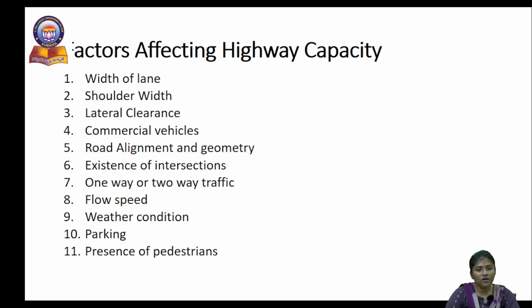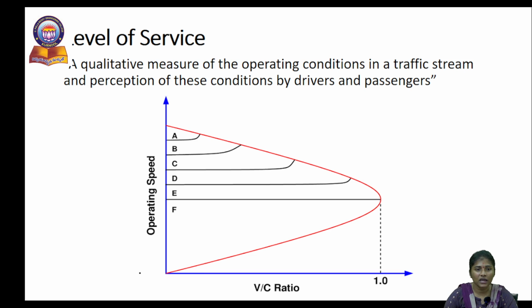If the number of vehicles parking on the roadside is more, that is, side friction is more, then the capacity will decrease. Next, presence of pedestrians. If there are more pedestrians moving along with the vehicular traffic, then the capacity will decrease, and vice versa. So these are some of the factors which affect highway capacity.